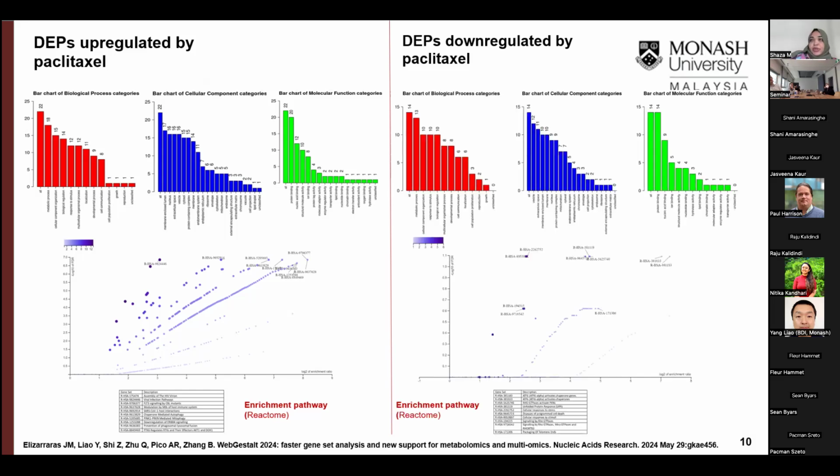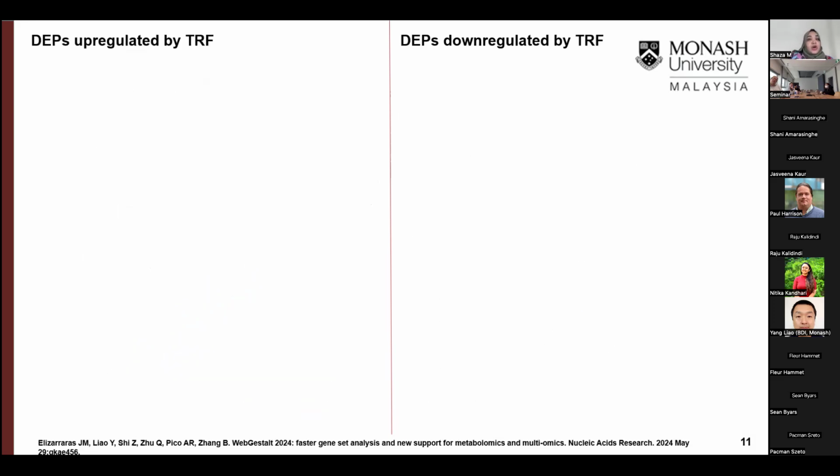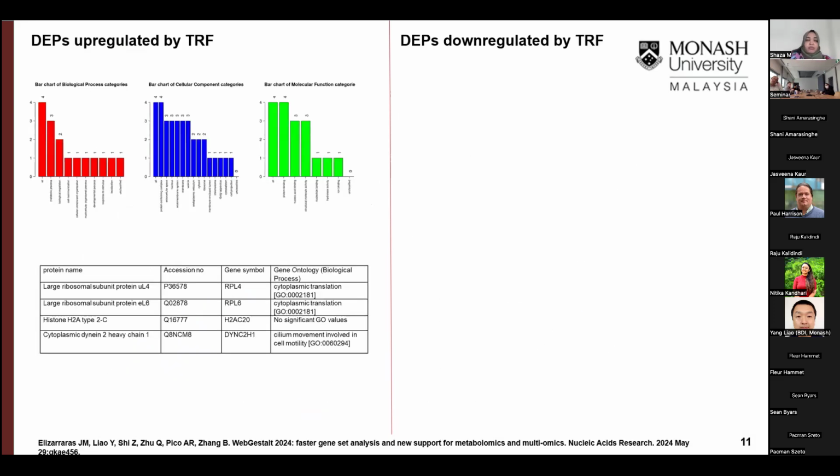Paclitaxel is a known triple-negative chemotherapeutic treatment. So in TRF, using tocotrienol, only 4 were upregulated, and they were mainly for cytoplasmic translation when we did the gene ontology.